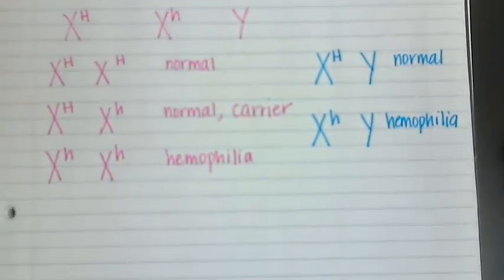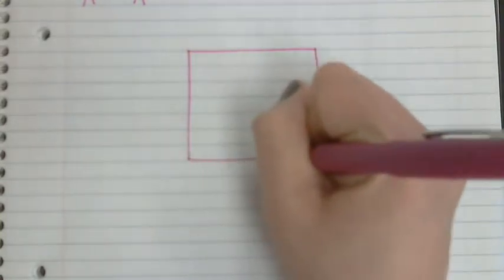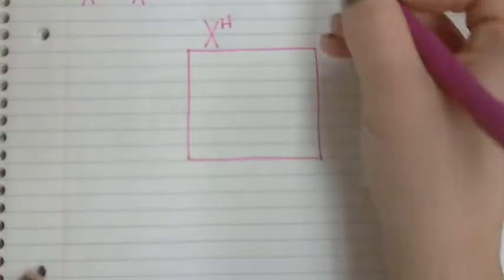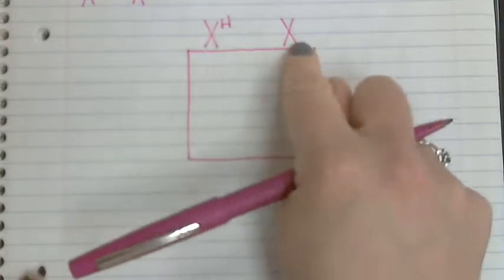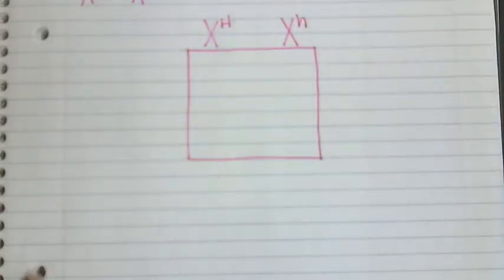So let's look at what's going to happen. We'll take a female that is a carrier. Remember, she has a heterozygous, so she has a dominant and a recessive copy. And we'll take a male who does not have hemophilia.